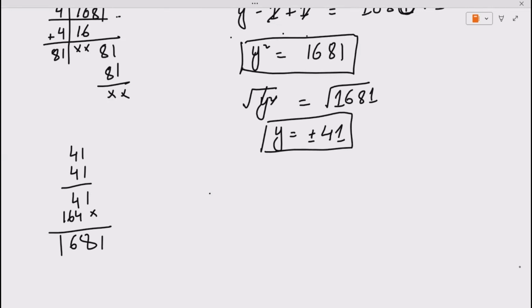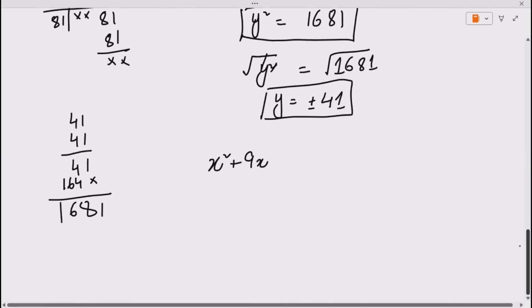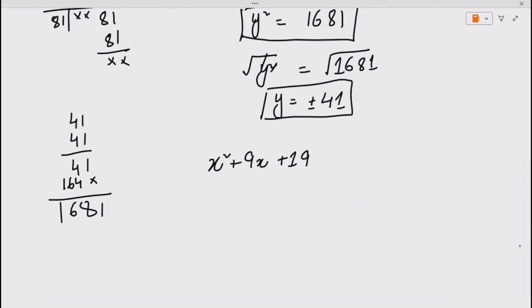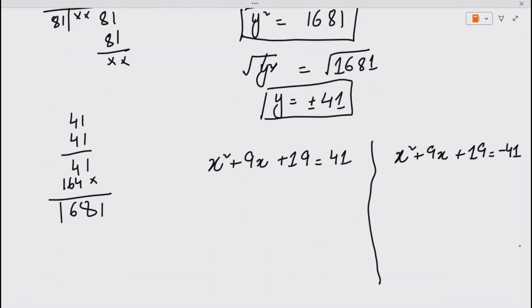Now we know y equals x square plus 9x plus 19, right? So here we take x square plus 9x plus 19 equals 41. And on the other side, we can write x square plus 9x plus 19 equals minus 41. So 19 minus 41, this 41 comes here, equals 0.